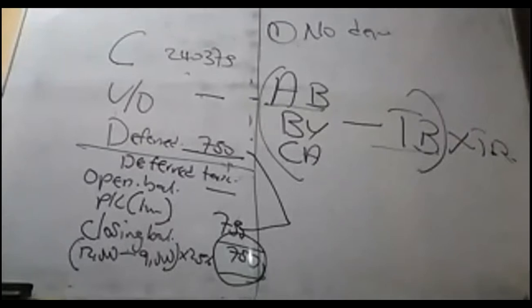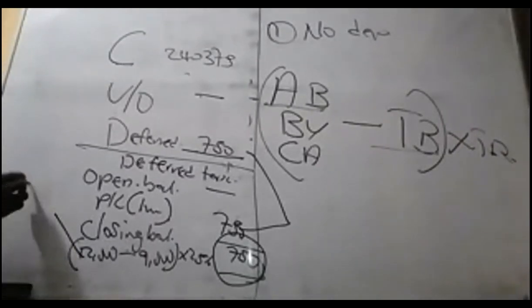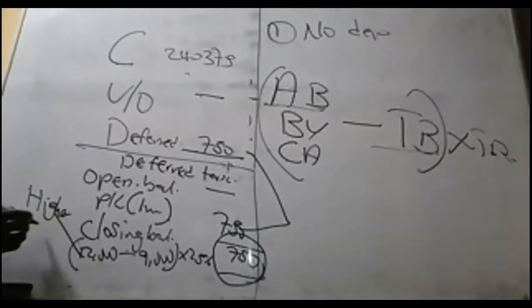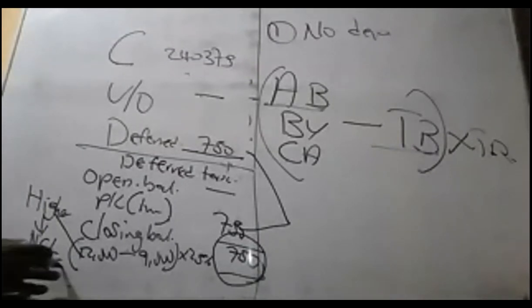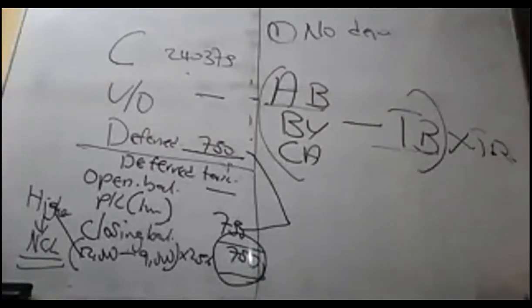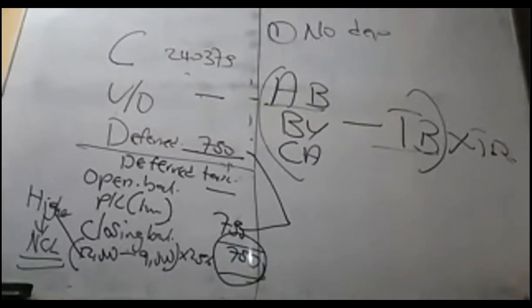So if the accounting base is higher, it will create a non-current liability. The reverse is true. That means if the accounting base is lower, it will create a non-current asset. So we should take note of that. That's the first thing. Now we'll go to the balance sheet.